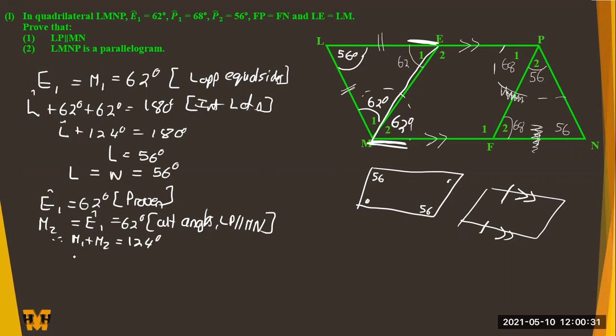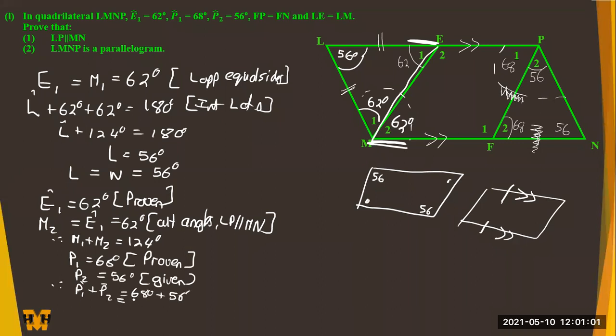From there, let's look at P1. P1 is 68 degrees, proven. We already did it in the previous slide. And P2 is equal to 56 degrees, that was given. So therefore, P1 plus P2 is equal to 68 degrees plus 56 degrees, which is equal to 124 degrees.